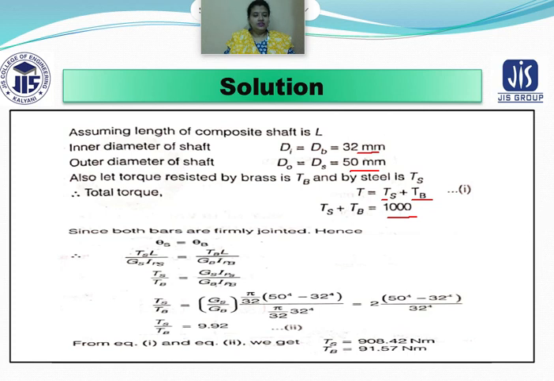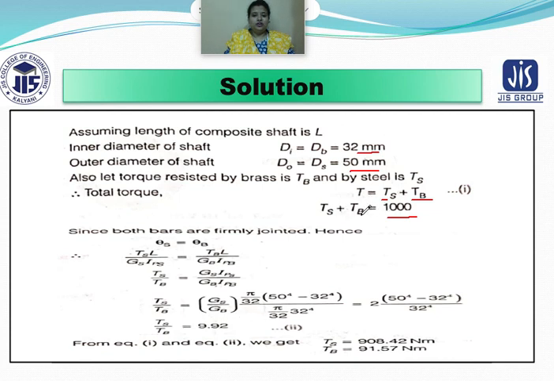Since it is in parallel section, you know that theta for the steel tube is equal to theta for the brass tube. So from this particular equation you have got a relation of the torque, that is Ts by Tb is equal to 9.96, or you can say Ts is equal to 9.96 into Tb.